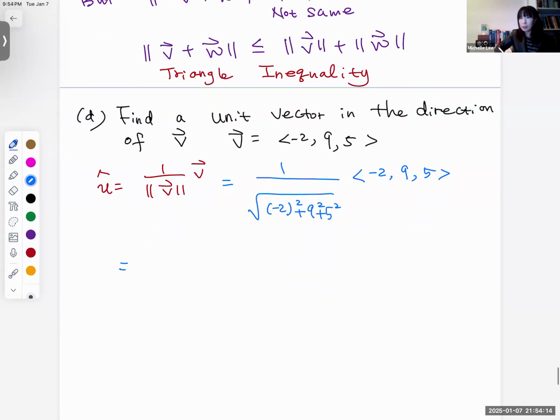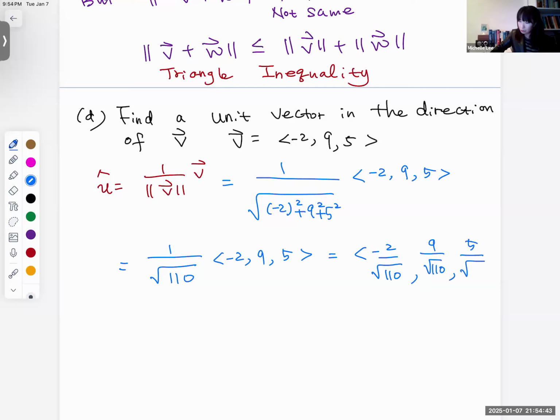Okay, then that is the square root of 110. So 1 over the square root of 110 times negative 2, 9, 5. That is negative 2 over the square root of 110. We distribute: 9 over the square root of 110, 5 over the square root of 110.